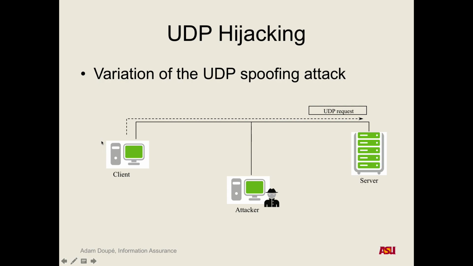How do we match up those replies to the requests? What's going to be the same in all those packets? Source and destination IPs will be the same. The source port will probably be the same because it will be the port that we talk to. So what'll be different?